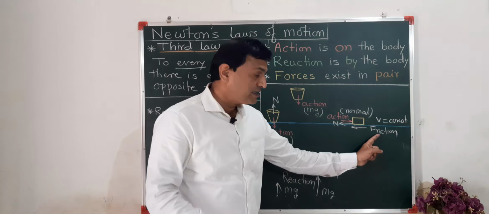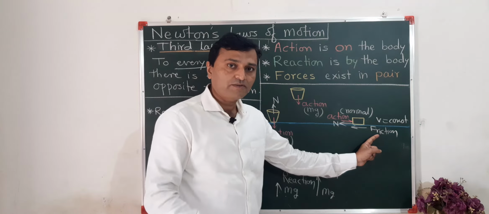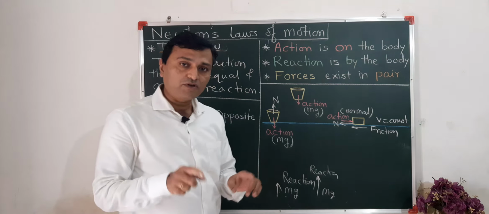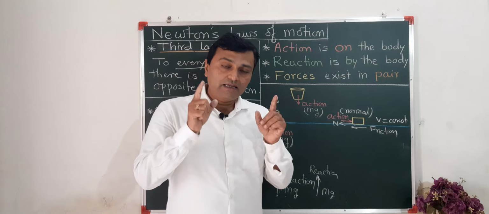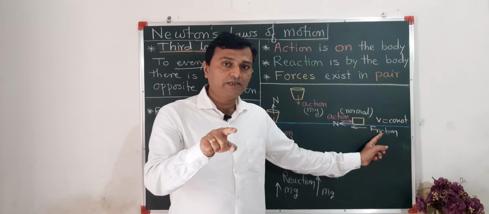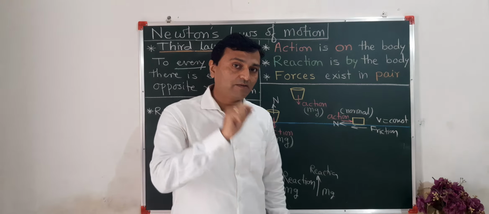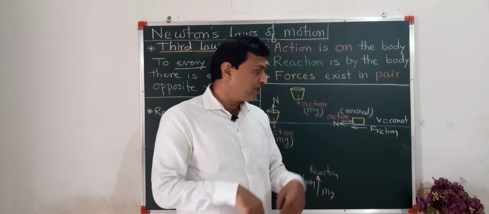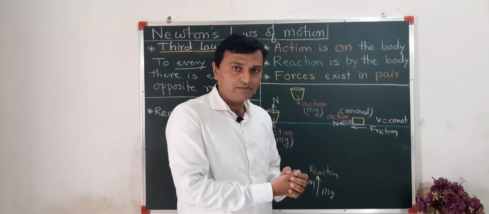Means if this is force, there must be opposite force. Yes, there must be opposite. But this opposite force, that reaction, is also frictional force. If this is frictional force, reaction must be frictional force. Where is it, and this frictional force is exerted on the floor or on the body.